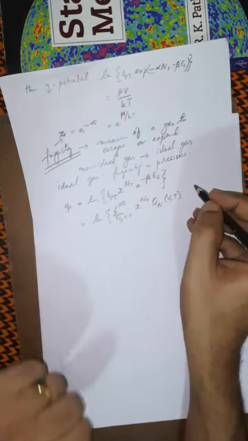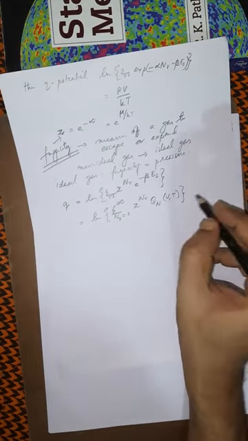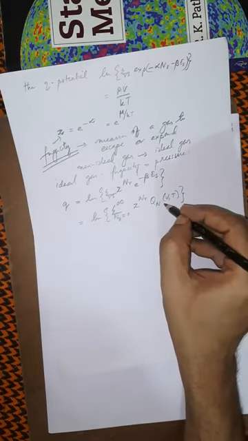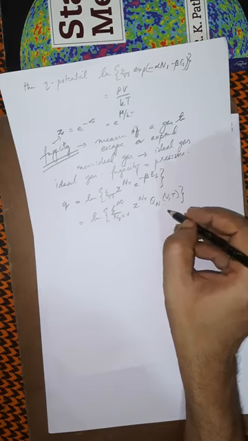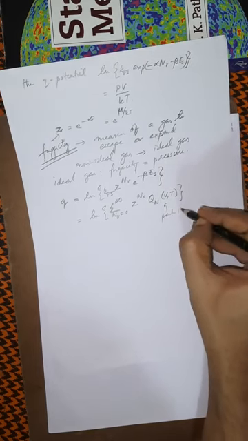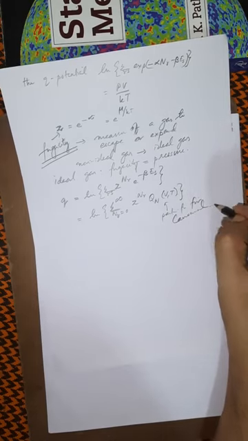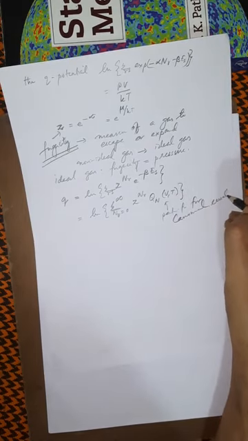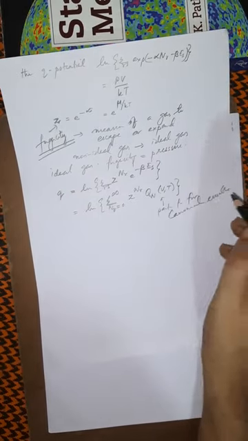What is Q n v t? Q n v t was our partition function for the canonical ensemble. You remember that, right?